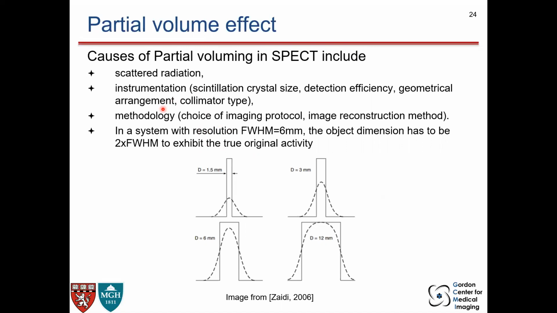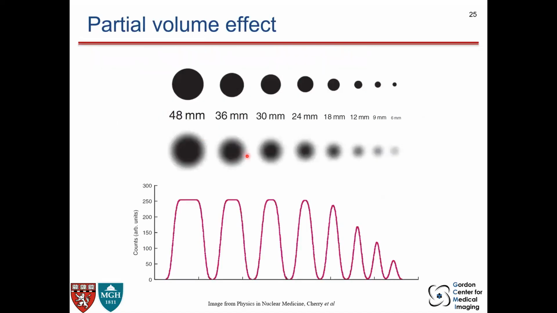And this is another way of representing what partial volume effect is. From left to right, these are cylinders with 48 millimeter all the way to 6 millimeter. And again, the system resolution is about 12 millimeter here. Okay, and when you get to about 24 millimeter, because the smallest feature size that you want to resolve without paying a penalty in the reconstructed image has to be 2 times the system resolution, right?